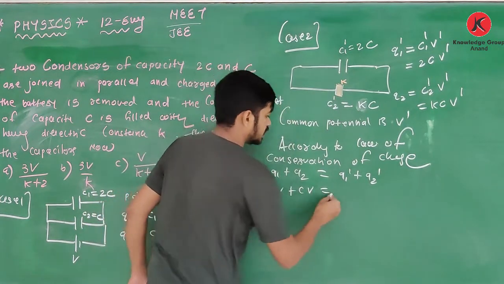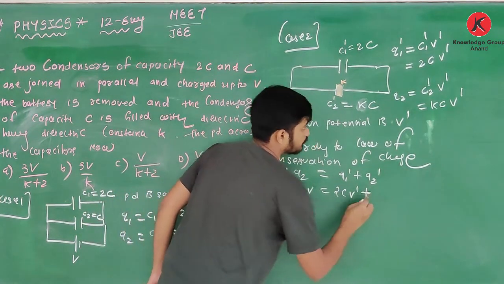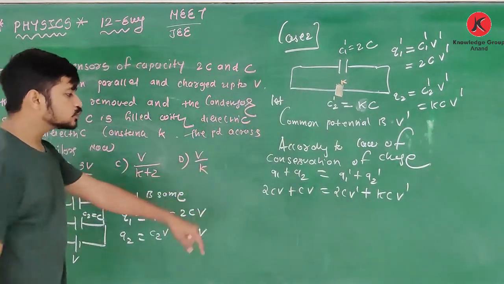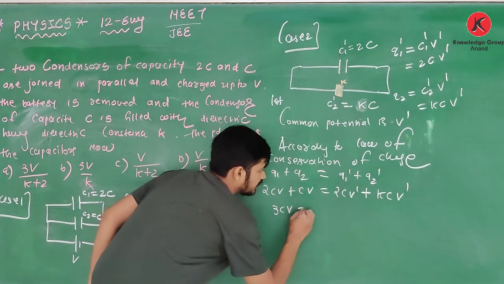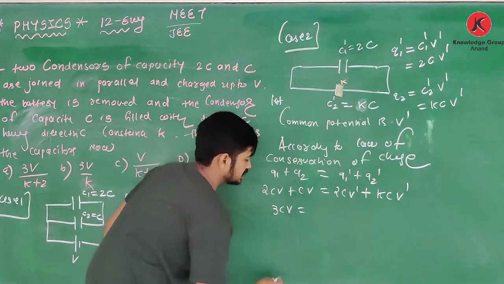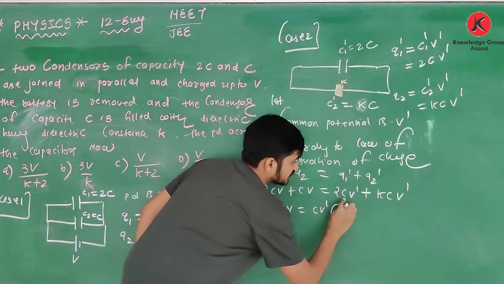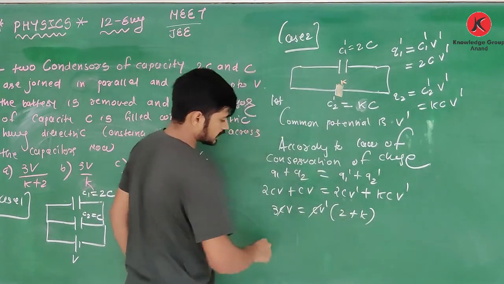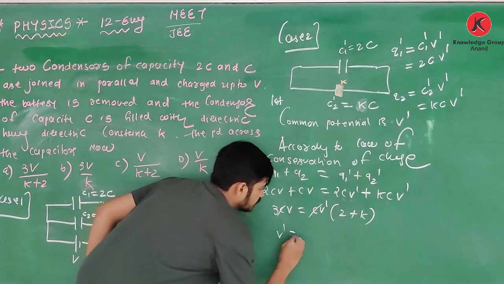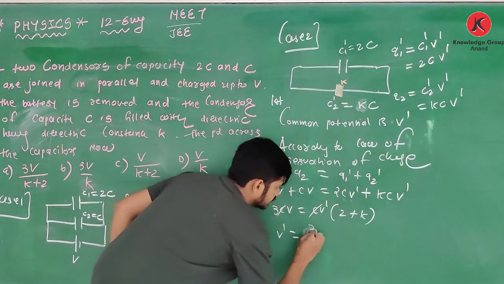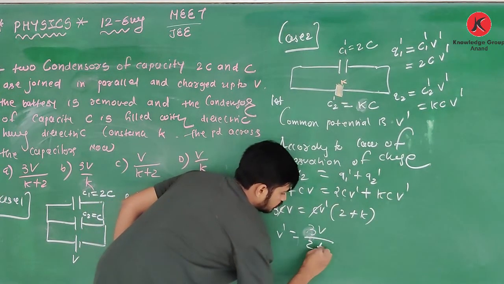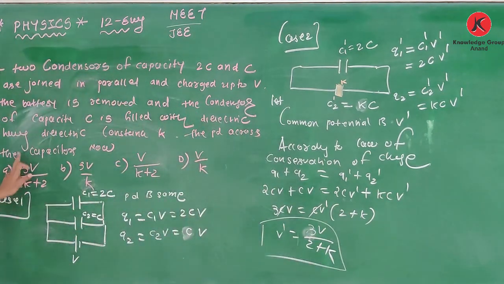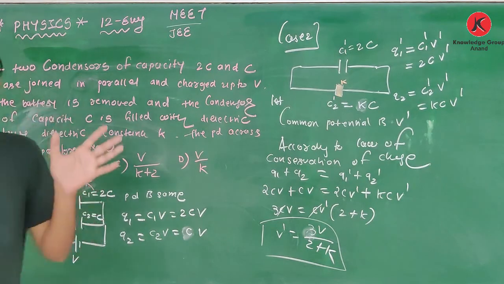And Q1 dash plus Q2 dash is 2CV dash plus KCV dash. Simple. So 2CV plus CV is 3CV. Here CV dash is common, so it is 2 plus K. So C cuts, and V dash is equal to 3V upon K plus 2. It is your answer. Clear?